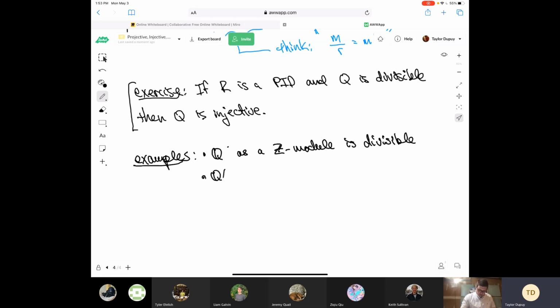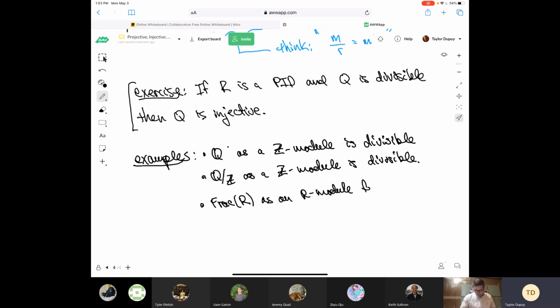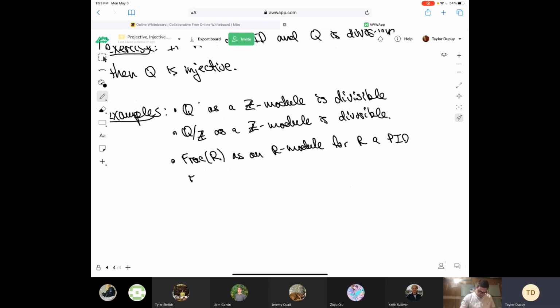Q mod Z as a Z module is divisible. In general, the fraction field Frac R, as an additive group, as an R module for R a PID, is a divisible R module.